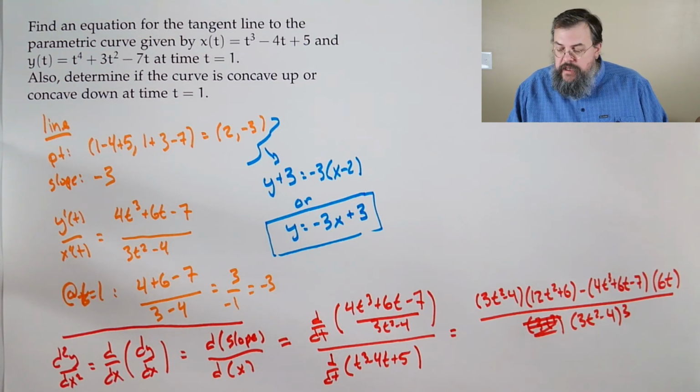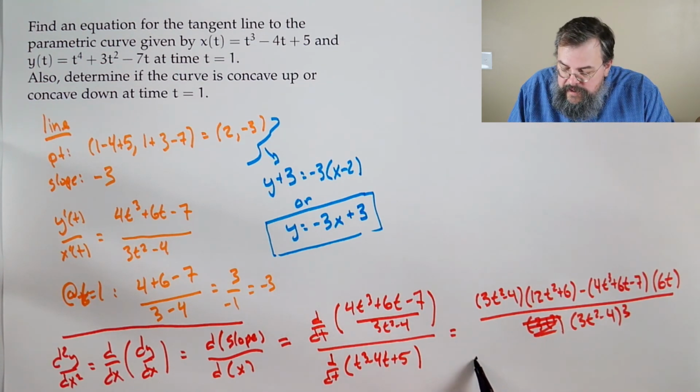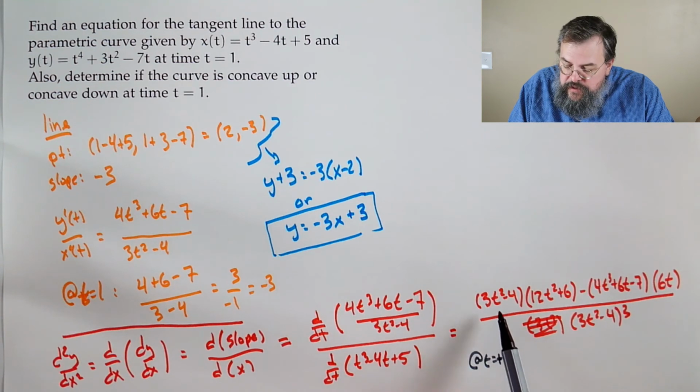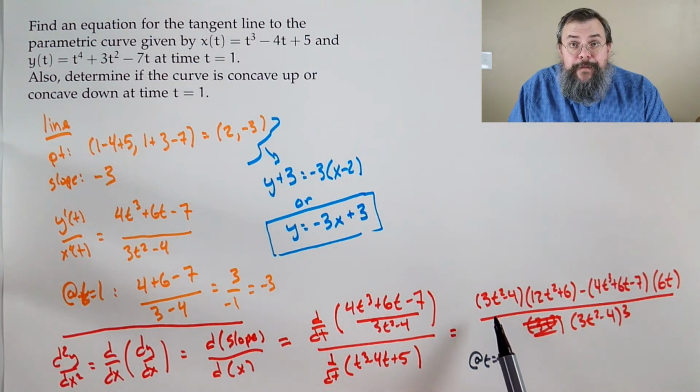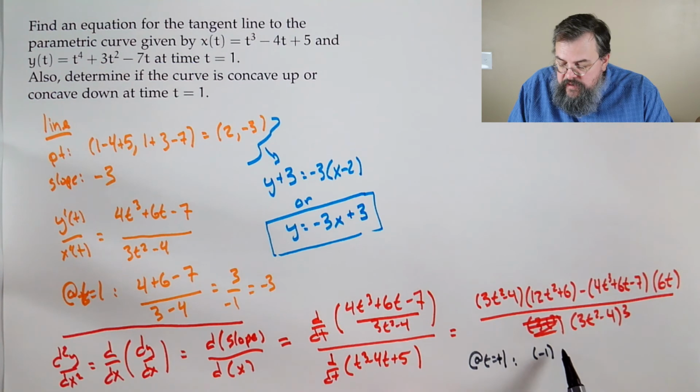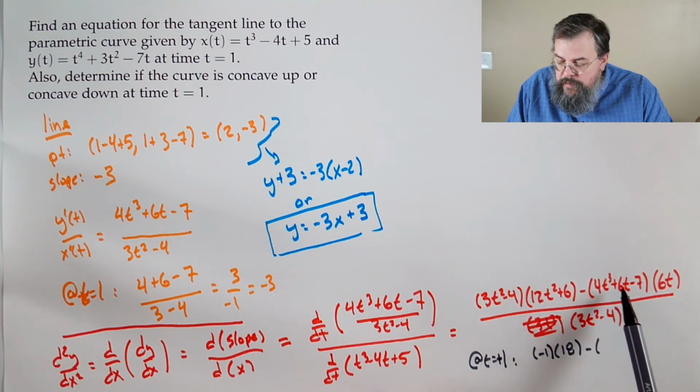Now we just plug in our time t and see what we get. At t equals 1, and 1's a great number to work with, 3 minus 4 is minus 1, 12 plus 6 is 18, minus 4 plus 6 is 10, subtract 7 is 3, so 3 times 6.